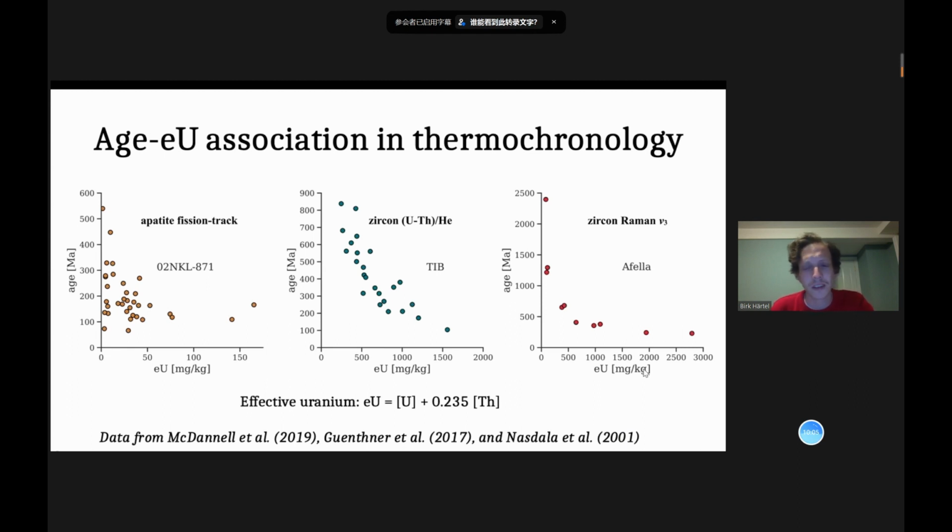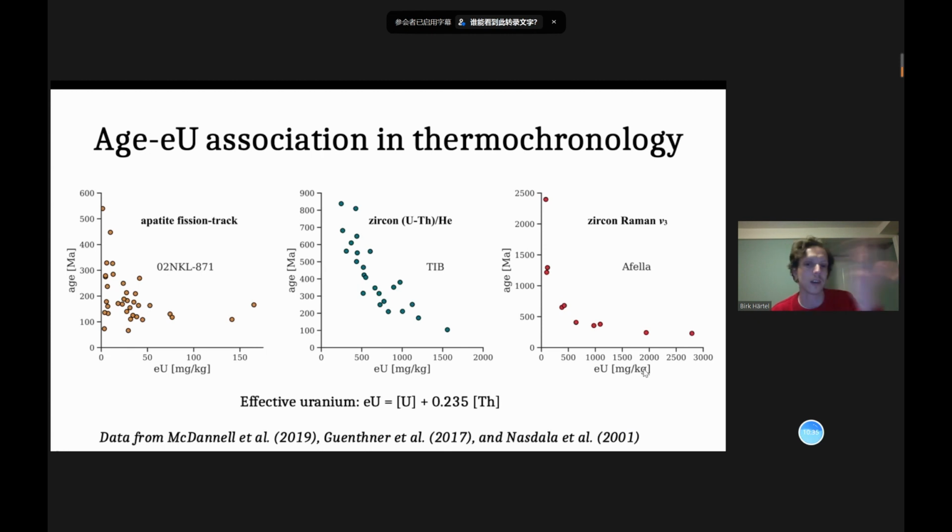What we can see on this slide are three typical scatter diagrams of thermochronological age against eU for three different methods: apatite fission track, zircon uranium-thorium-helium, and zircon Raman. In all three plots we have a negative association between the age and the effective uranium content.